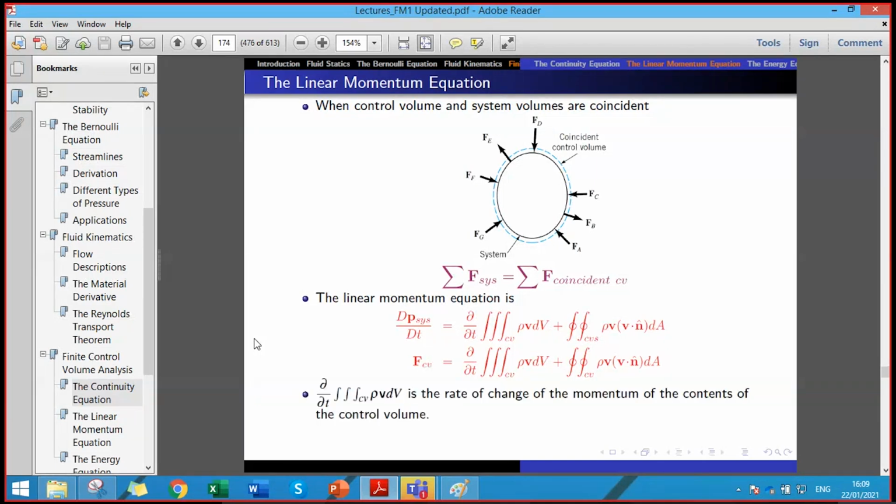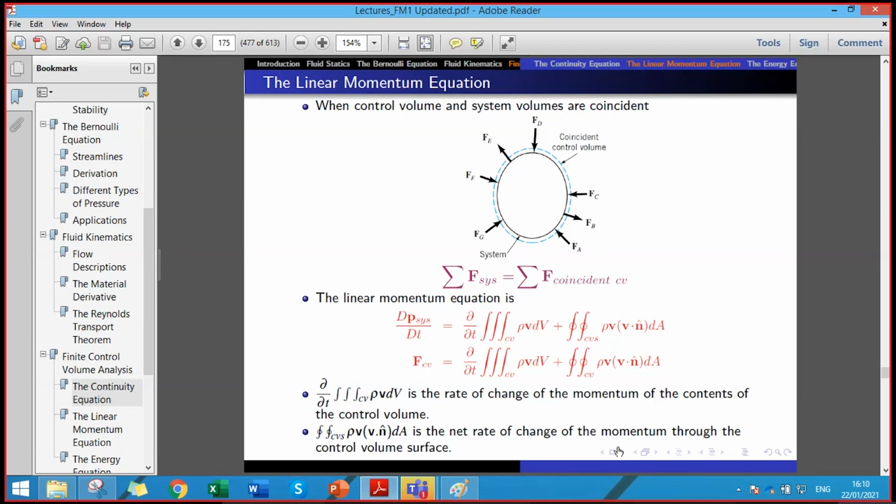So the first term in the momentum equation, that is this term, which I have highlighted, is the rate of change of momentum of the contents of the control volume. That is what is happening inside the control volume. What is happening to the components of the control volume. And the second term, that is this term, is basically the net rate of change of momentum through the control volume surface.